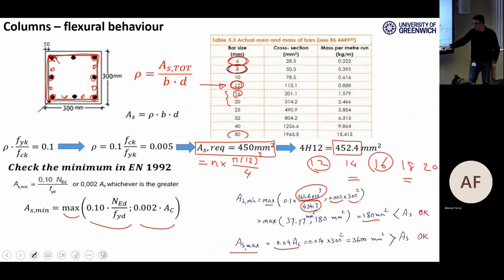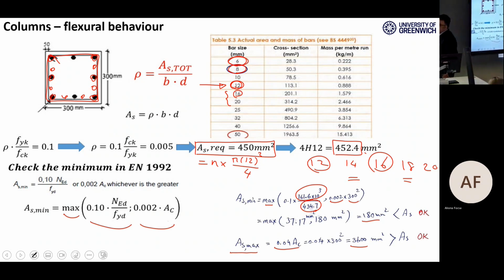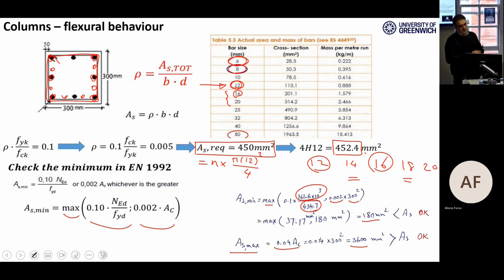For 4%, you will get 3,600 square millimeters. If you go for 2%, you will get 1,800 square millimeters. In any case, you are less than that. You are 400 something. You are way far below that maximum value. So I'm fine. My design is okay. It's between the minimum and the maximum, right?